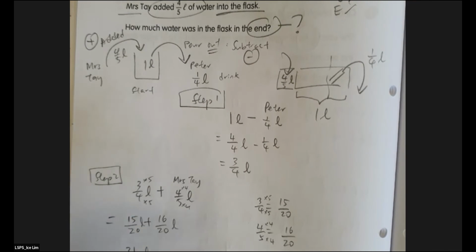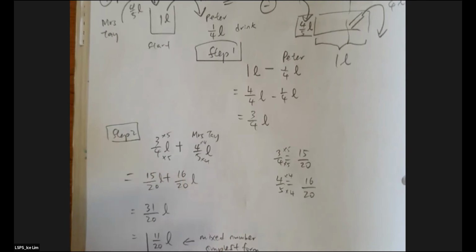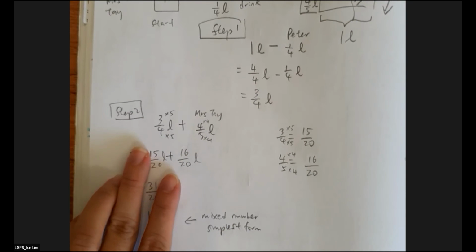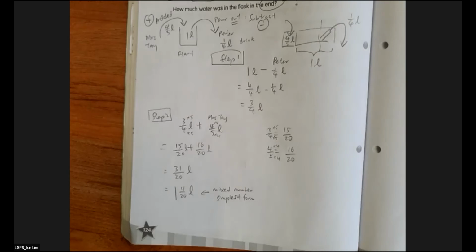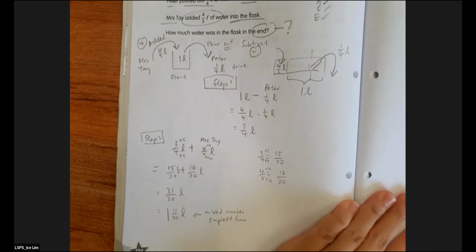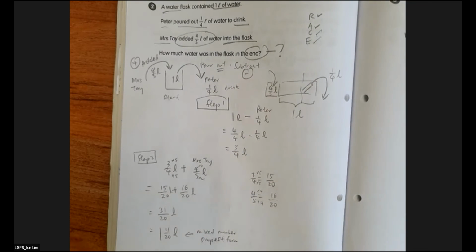Why? Because I want you to focus on the equations, the steps to the equations, the units of the equations, and the final step of mixed number simplest form. Now, so far, these word problems, to be honest with you, they shouldn't be very challenging because these word problems are very similar to the word problems when we learn addition and subtraction.